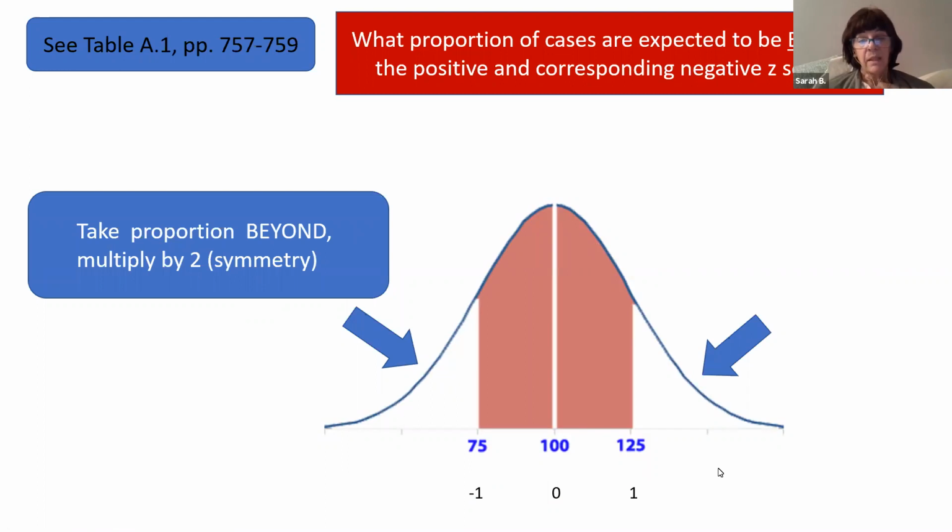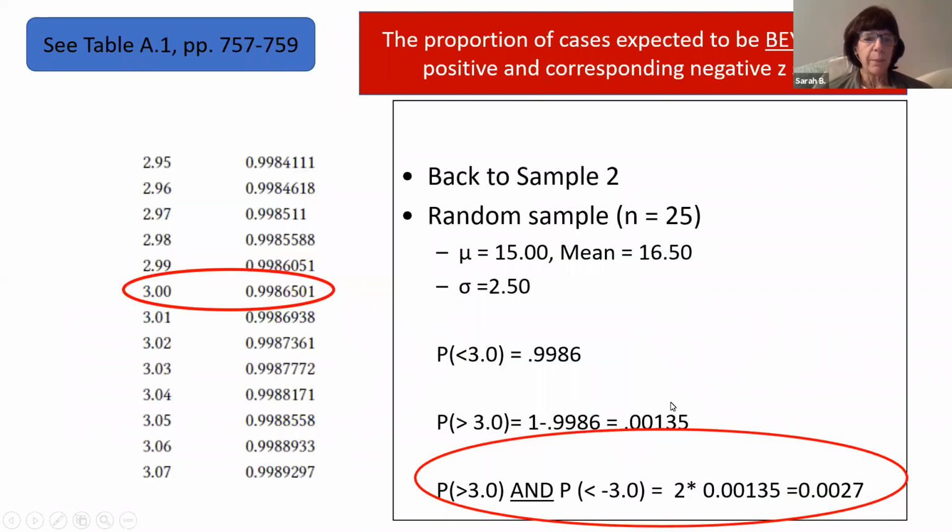So basically, we just take the proportion beyond either tail and multiply it by 2 because they're symmetrical. So that's actually quite easy to find. You may need to remember that when you look in your textbook, you get the proportion below, which is all of this area. And so to get this actual area, you have to subtract from 1.